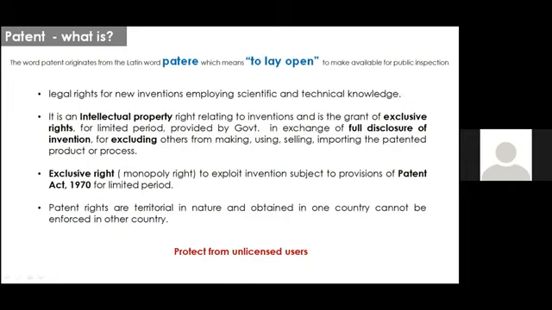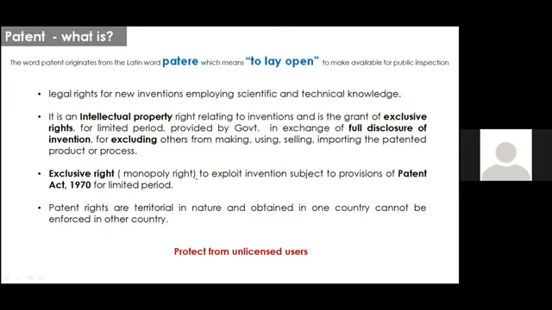That can help in excluding others from using, making, selling or importing the patented product or process. So basically it gives you a monopoly right, or you can also understand it as an exclusive right, to exploit the invention subject to the provisions of the Patent Act 1970 for a limited period.